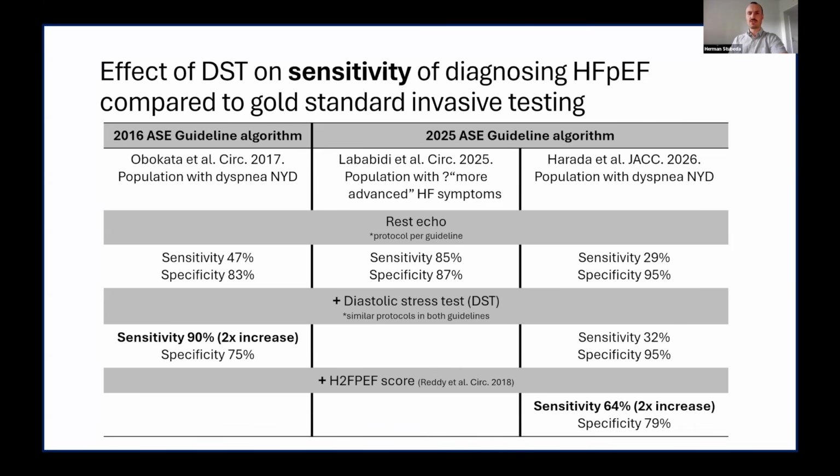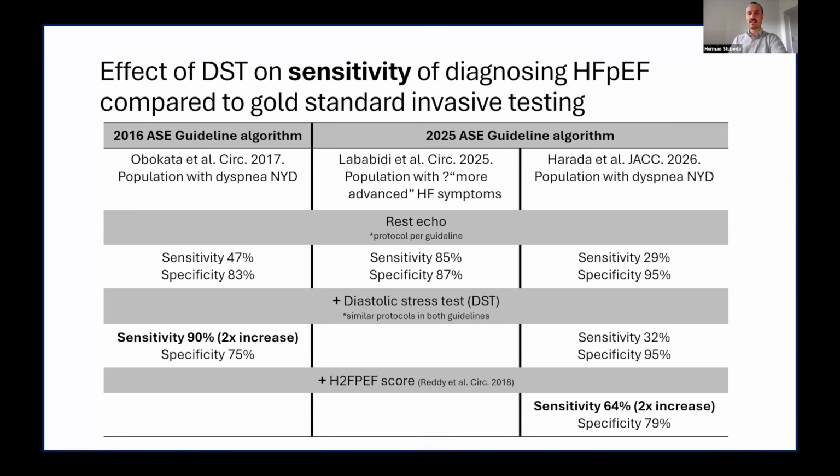They showed that the 2025 algorithm had a sensitivity of 29% and a fairly high specificity. So these results ended up being basically contradictory to what Lababidi found.